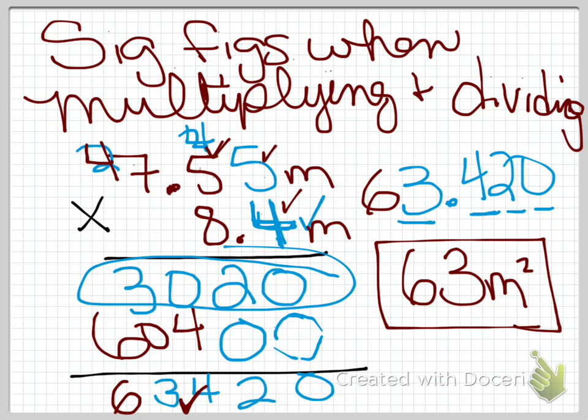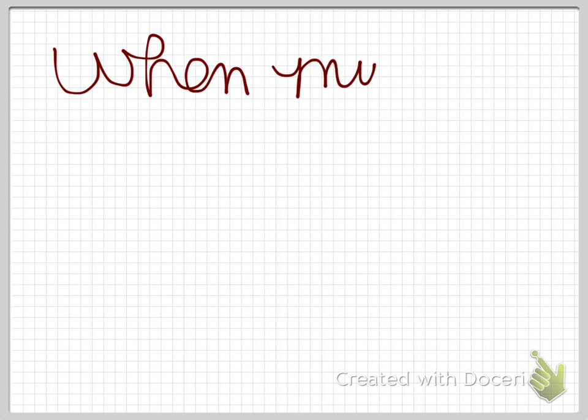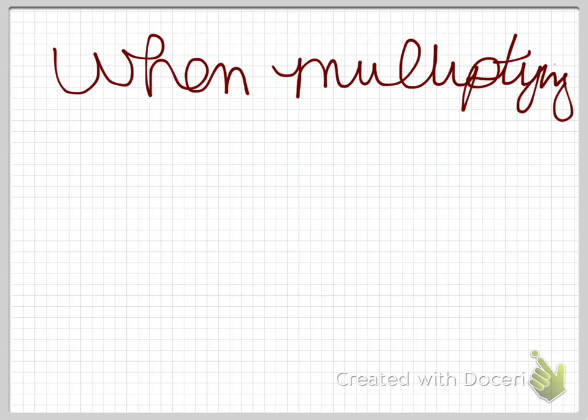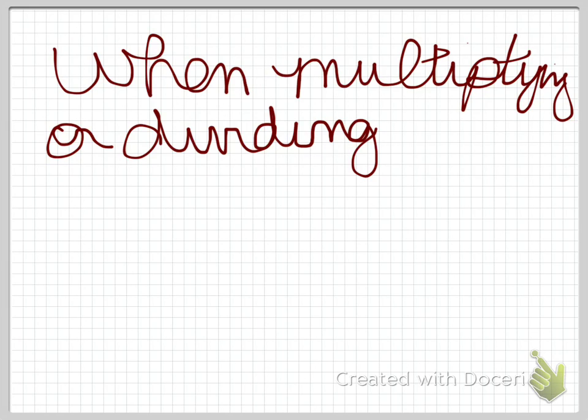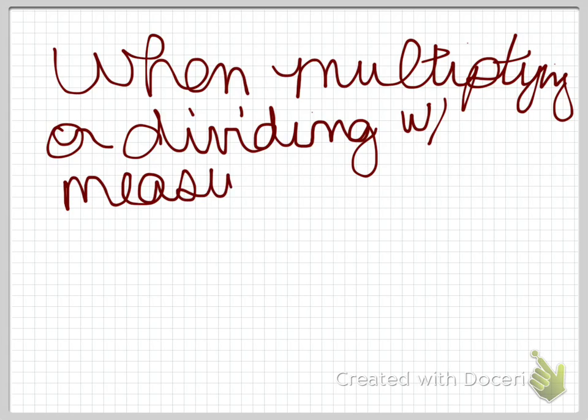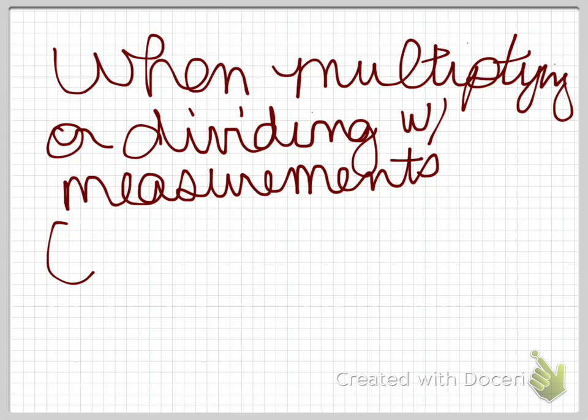Now I'm going to tell you the rule. The actual rule says, when you're multiplying or dividing with sig figs, so that means measurements, whenever you're measuring, okay, and so we're talking sig figs here.